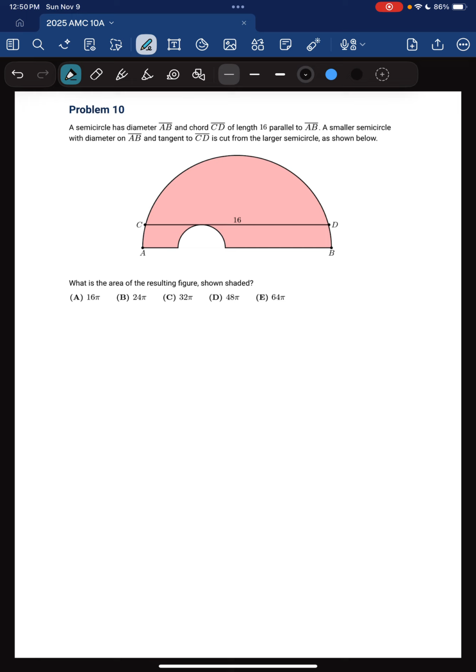If you notice in this problem statement, there's very little information actually given about the position of the semicircle. So we're able to make our life a little easier. Let's just draw this.